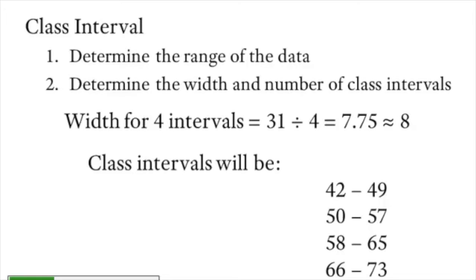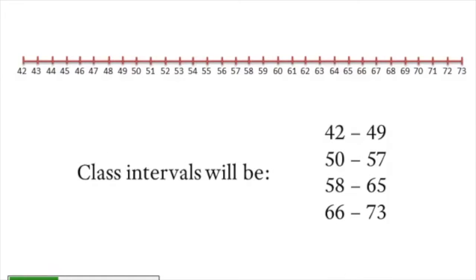Now often, people forget to count the first number in the class interval. For example, adding 8 to 42 to make the first interval 42 to 50 rather than 42 to 49, and so on with the remaining intervals. Let's take a quick detour here to see why we need to count the first number in the class interval.